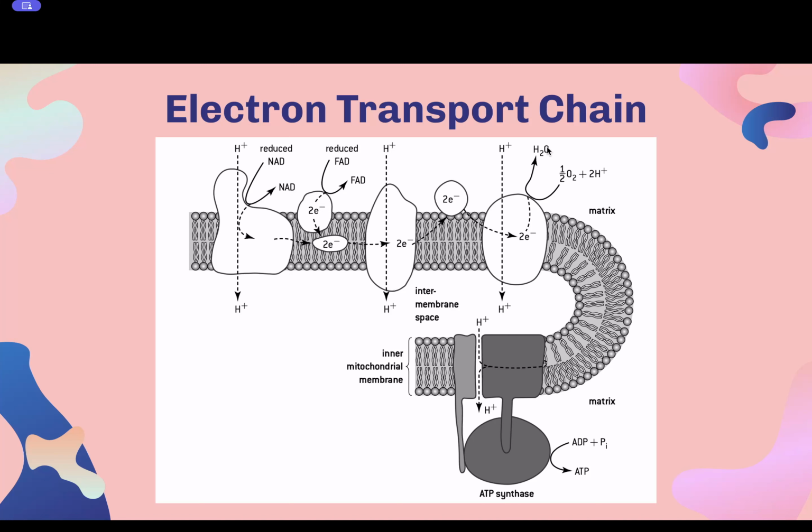When you do the equation for aerobic respiration, we always say C6H12O6 plus 6O2 gives 6CO2 plus 6H2O. Now, this is where the H2O comes in. The electron gets accepted by the oxygen and the hydrogen protons to convert into H2O.